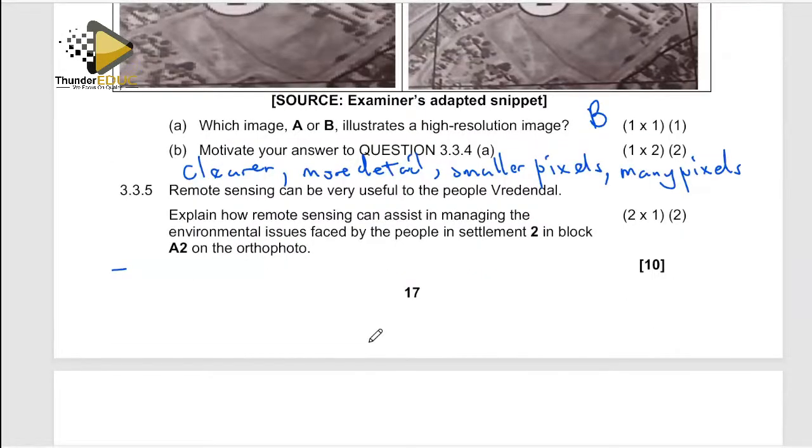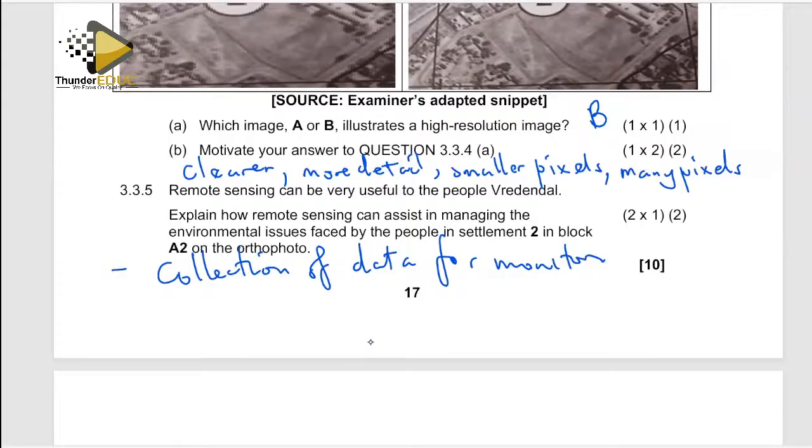Right. We can talk of the collection of data for monitoring. You can use remote sensing to collect data for monitoring the situation.